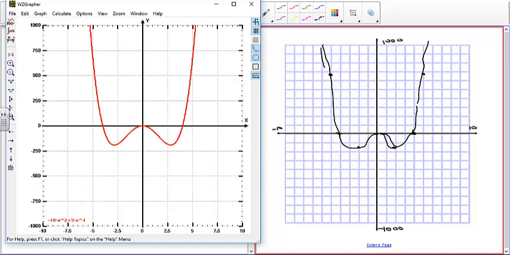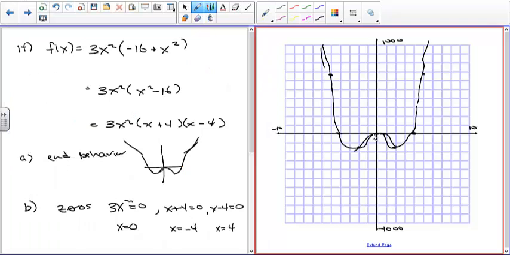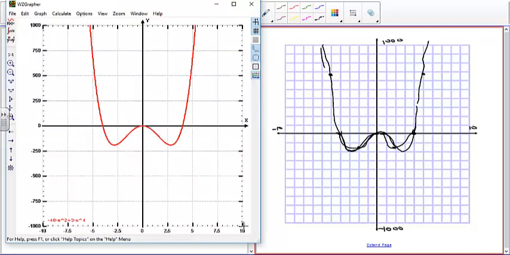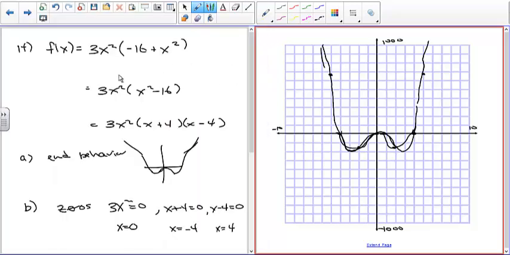That kind of makes sense, just because this thing has to make some pretty wild turns here to get back around again. So now in calculus we'll know exactly what these values of x are that give us what we will call local minimums. And so that'll help us plot these things much more accurately and quickly. Okay, one more.